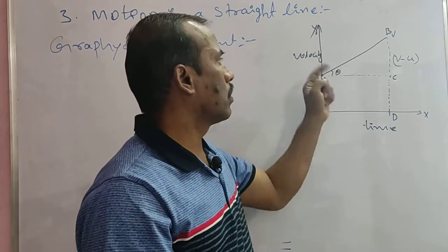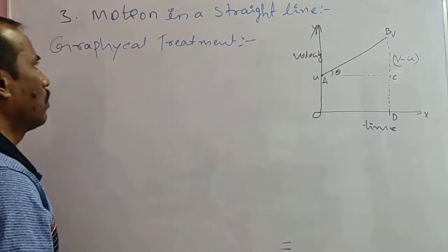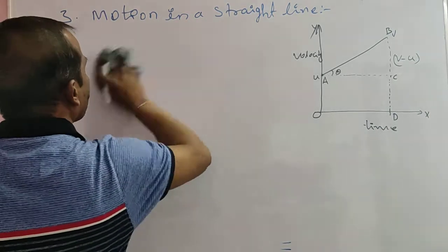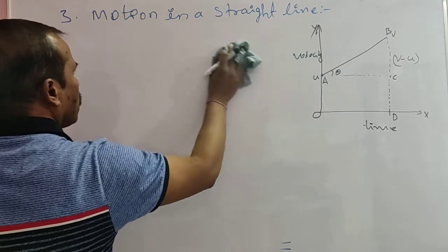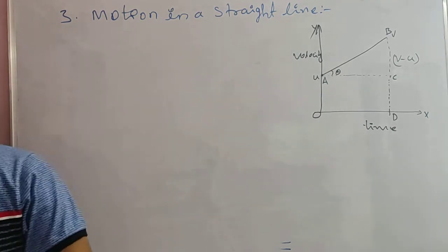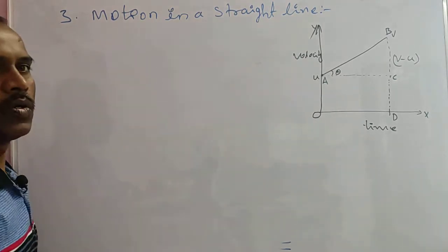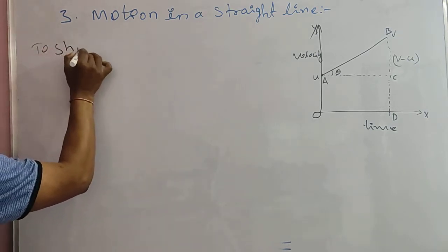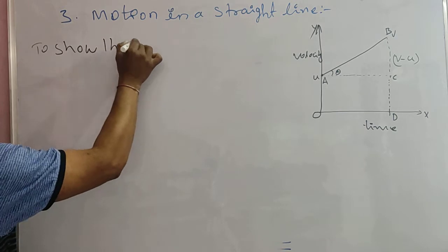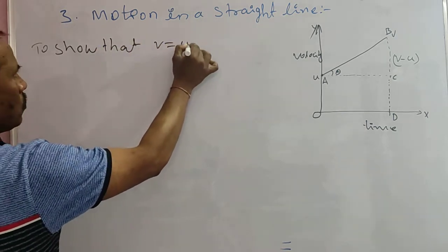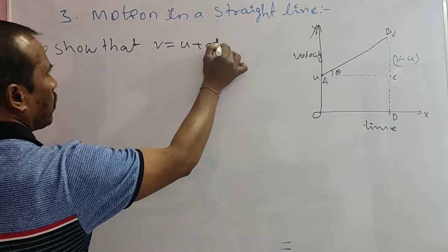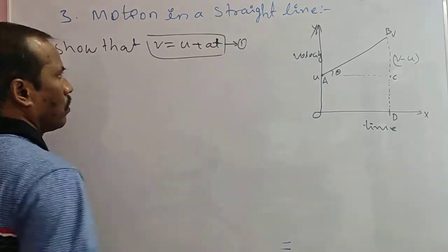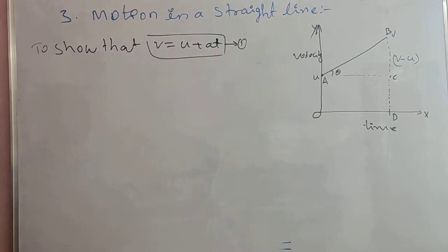First of all, we have to show that s is equal to ut plus half at square, v is equal to u plus at, and v square minus u square is equal to 2as. First, to show that v is equal to u plus at, this is the first kinematic equation.